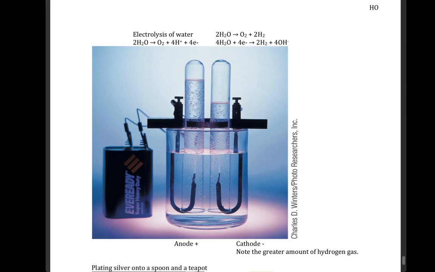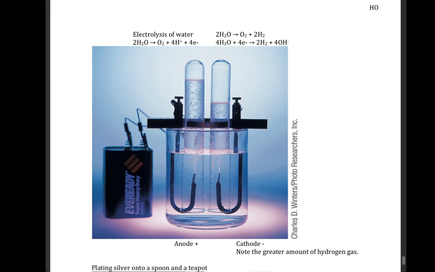Notice that in our overall reaction, we have twice the amount of H2 produced as O2, and we can also see that. That is, the H2 is the one produced at the cathode. That volume is about twice as big as the volume in the anode, which is showing the production of O2.